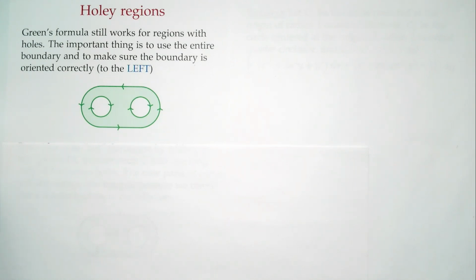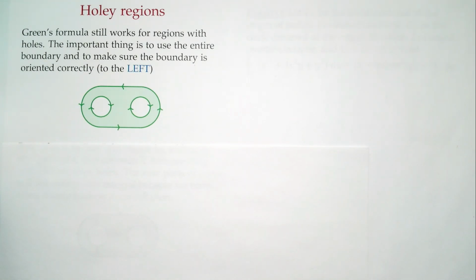But here's the thing. You have to remember the orientation. And that's why I like to phrase my orientation as to the left. Sometimes you'll see it saying, oh, go counterclockwise. But that's a little bit misleading. You want to make sure there's a consistency going on.